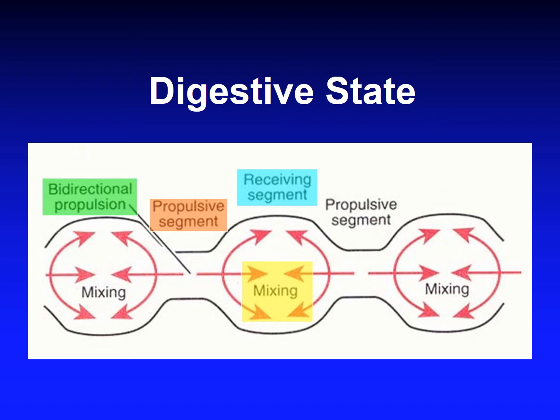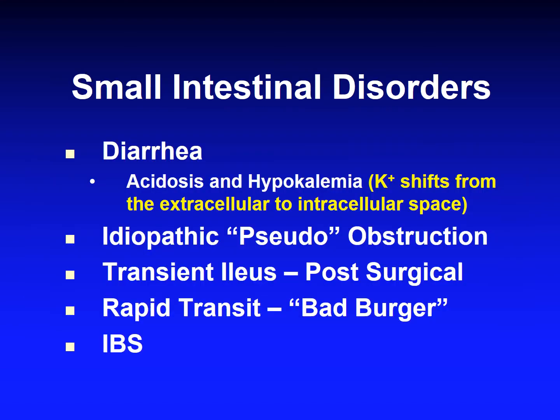Now, these are the motility patterns in the small intestines. So, what are some of the problems in the small intestines? Motility related, of course. Well, we have a number of cases. We have diarrhea. We have idiopathic or pseudo obstruction. We have transient ileus.